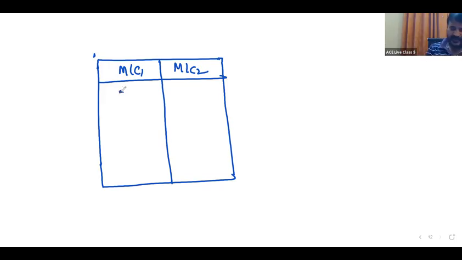First I am writing kW1 is equal to kW2. No change. Let me use the black color for better visibility.